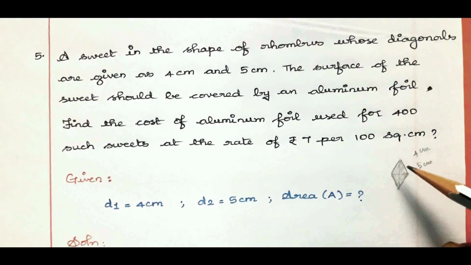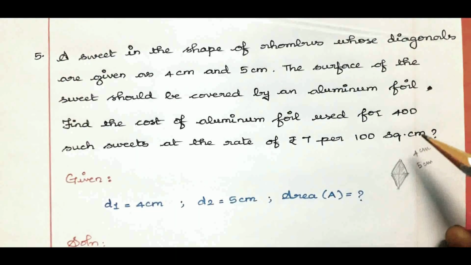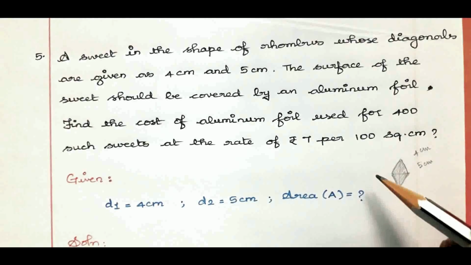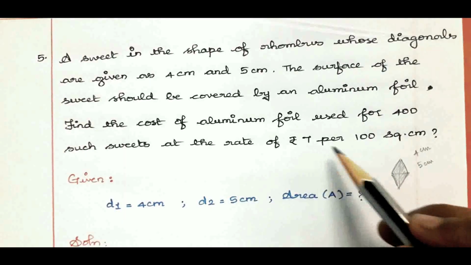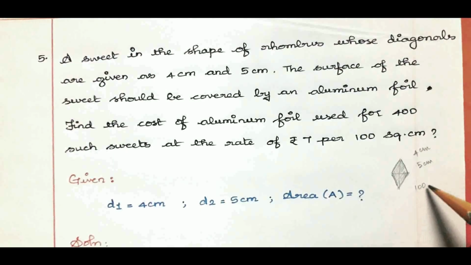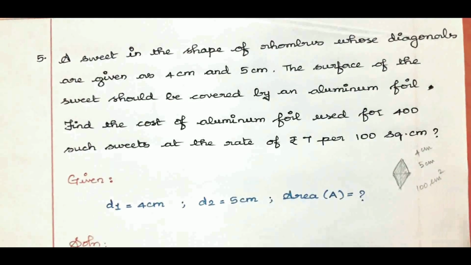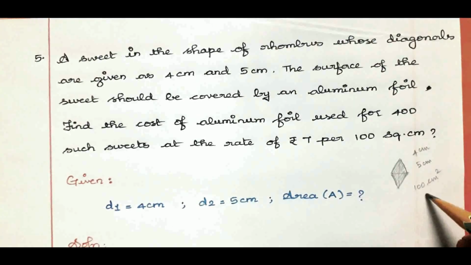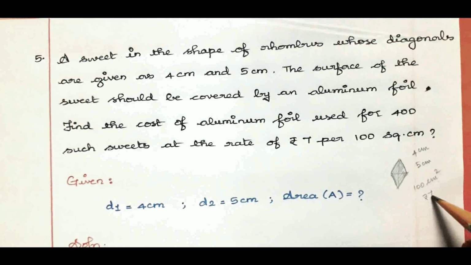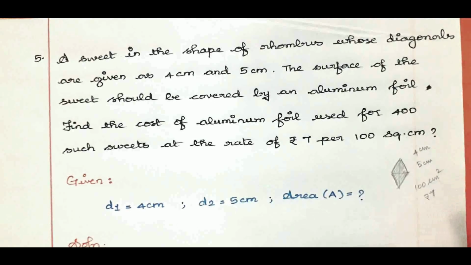Same way we are going to find for the 400 such sweets, and for that aluminum foil the rate is rupees 7 per 100 square centimeter. So for each 100 square centimeter, when you buy a foil sheet, the rate is 7 rupees.